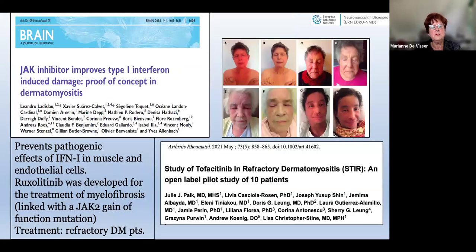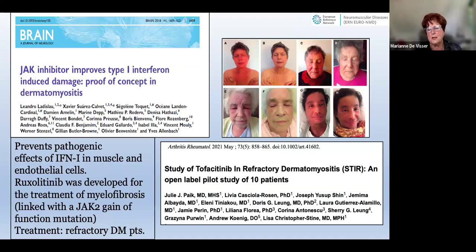There have also been studies with another drug class, JAK inhibitors, which block interferon signaling, which is an important feature in the pathogenesis of dermatomyositis, as I mentioned.